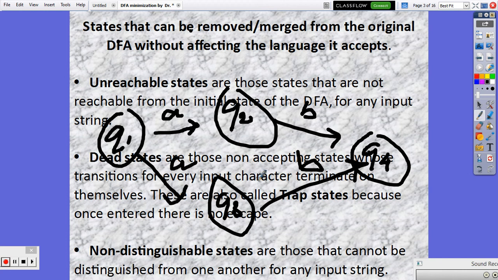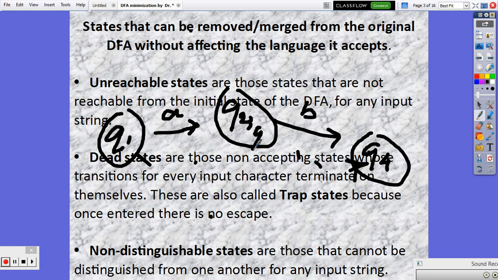So what we do is we will eliminate either Q2 or Q3 from this DFA. If I am going to minimize the DFA, my structure will be like this. I will merge Q2 and Q3 into one state, so the new DFA will contain three states.